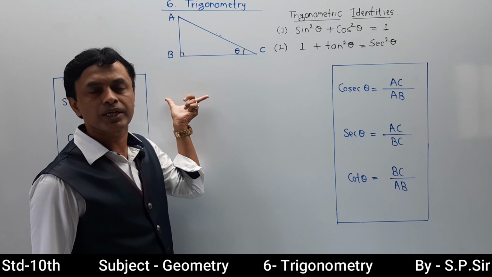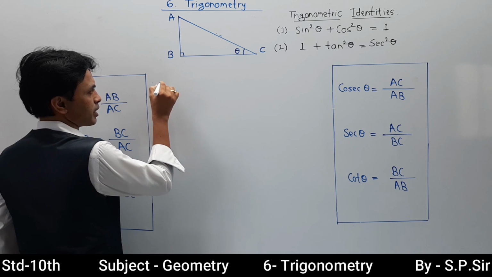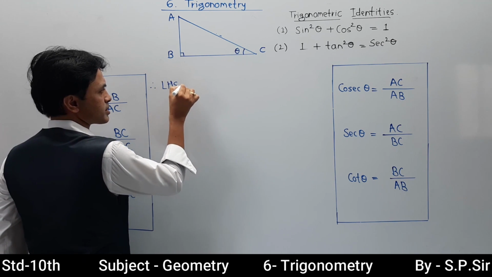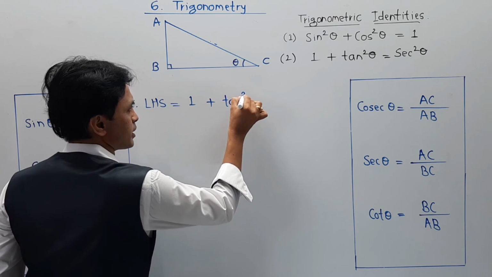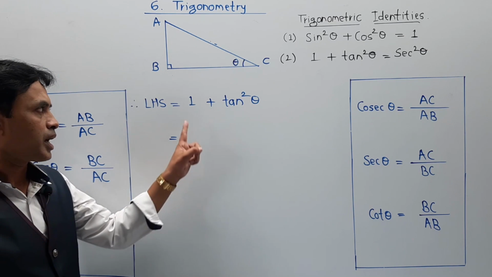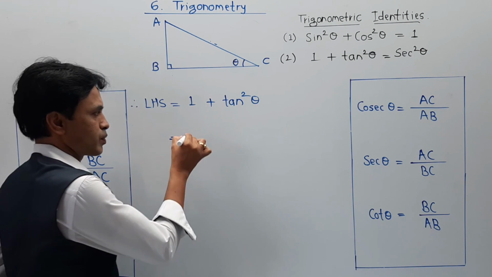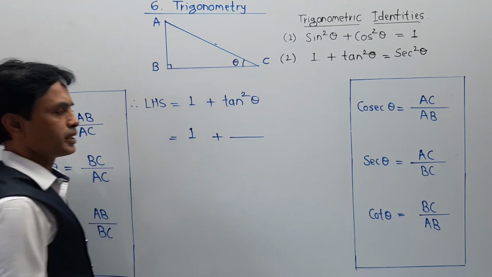So I am going to start the proof from the LHS. Therefore LHS is 1 plus tan square theta. Now student, the value of 1 remains as it is, plus tan square theta.